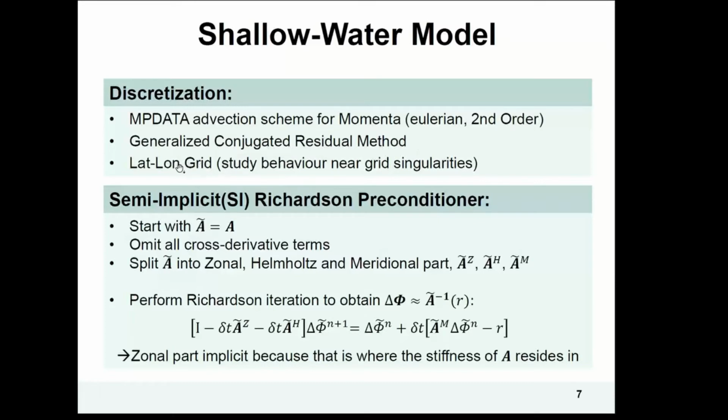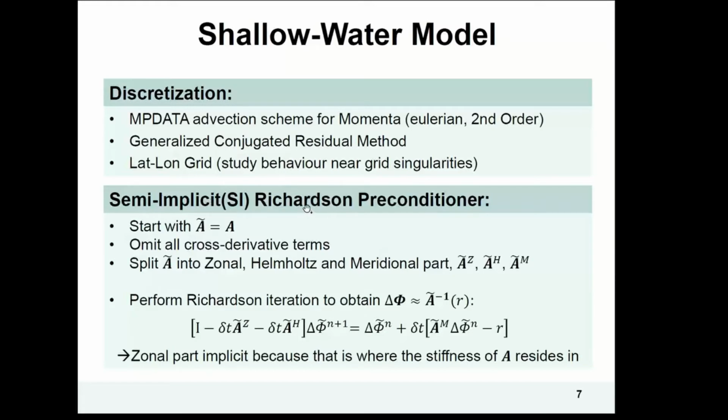And we do this work on a latitude-longitude grid. Typically, you try to avoid the lat-long grid. But here we especially choose it because we want to study what happens near grid singularities. And also what comes with these grid singularities is that you have very, very small zonal grid spacings.